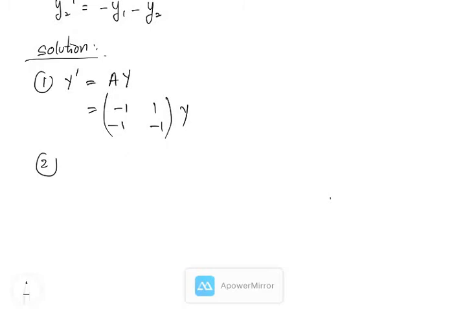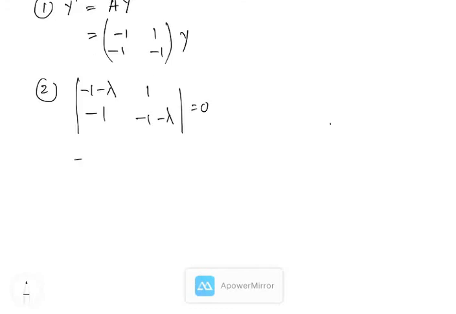Then you find the eigenvalue. So for the eigenvalue, you get negative 1 minus lambda, 1, negative 1, negative 1 minus lambda. So your negative 1 minus lambda multiplied with negative 1 minus lambda, minus 1 times negative 1 equals 0.